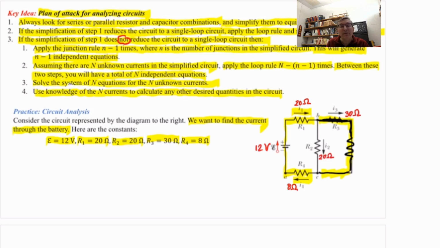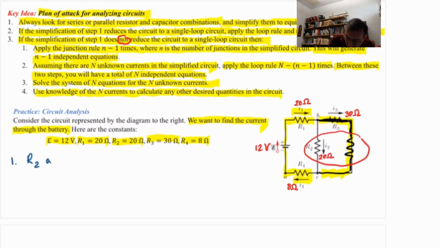So, maybe if I draw it that way, do you see any series or parallel combinations? Well, I would say those 2 are in parallel. It's R2 and R3. Okay? So that first step, identify any series and parallel resistances.